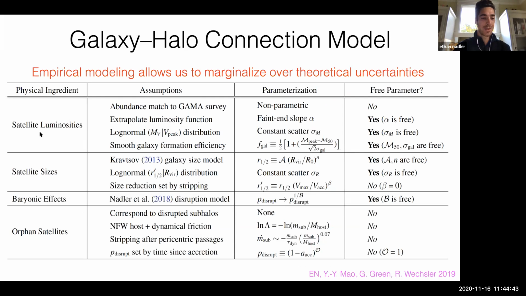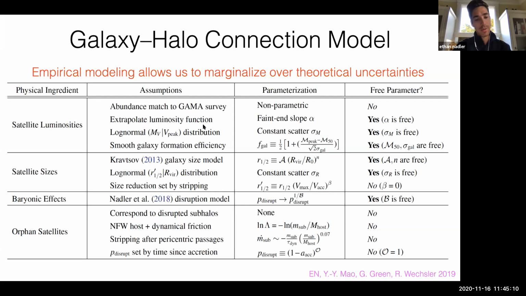As I said, we don't know what the connection between ultra-faint dwarf galaxies and their dark matter halos is, but we can parameterize it in a reasonable way that is then flexible enough to be fit for. So just to give you some examples, there's this idea of abundance matching, which is essentially the idea that more massive dark matter halos host more luminous galaxies.